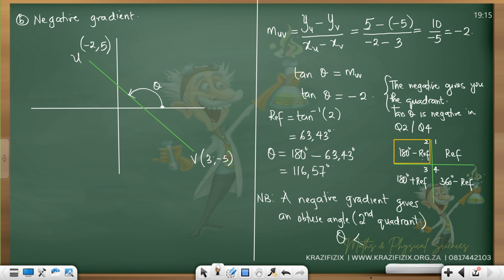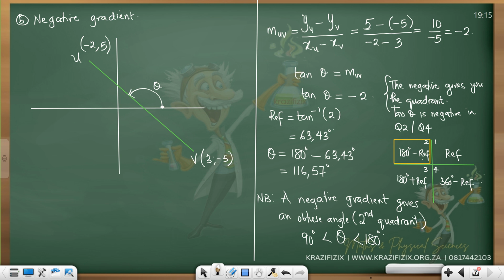Our angle must be between 90 degrees and 180. Our angle therefore lies between 90 degrees and 180. I hope this makes sense.